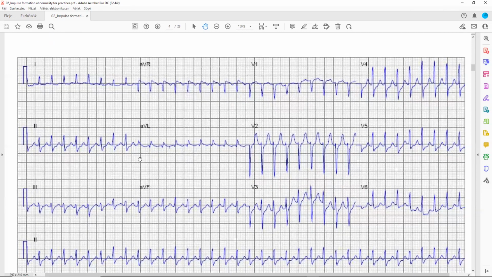Let's think a little bit. If you want to say that that's a sinus tachycardia, that's wrong. Why can it not be sinus tachycardia? It's impossible that this ECG is a sinus tachycardia.